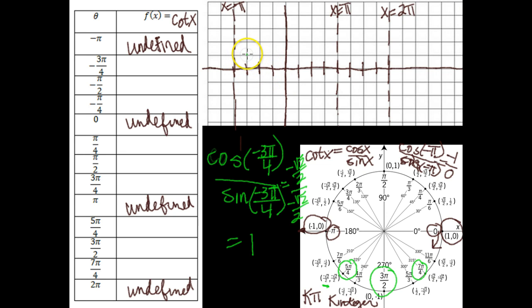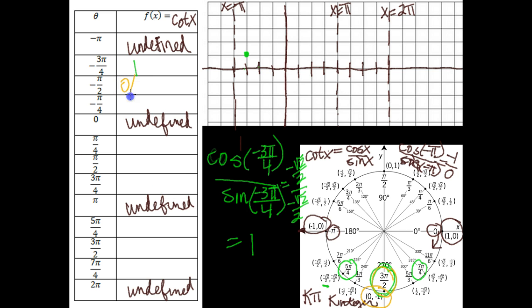So I'm just going to go up here, because this is negative 1 pi over 4, 2 pi over 4, negative 3 pi over 4. Okay, so we've got 1 here. At negative pi over 2, where are you? Well, that lands you right here, negative pi over 2, which is 0 over negative 1.